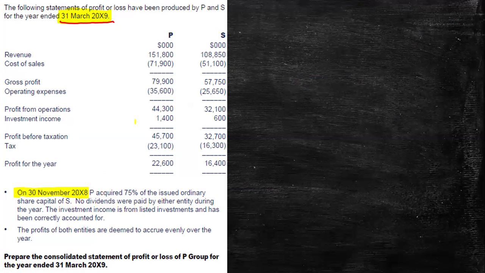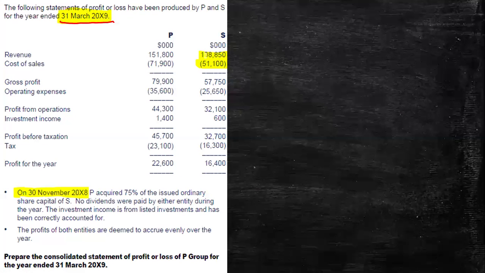So the thing is, some of these revenue amounts and cost of sales amounts belong to before the subsidiary was acquired, and consolidation only has to take place for the values after the subsidiary has been acquired.